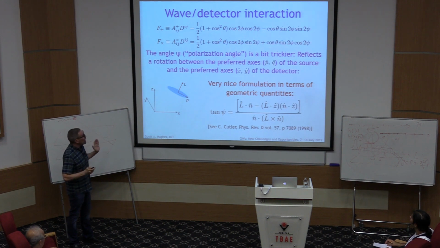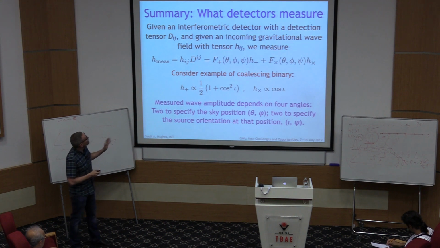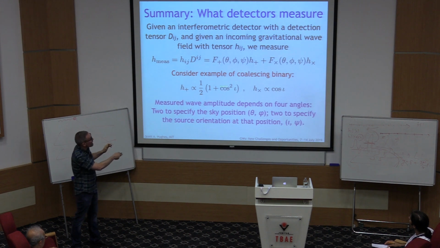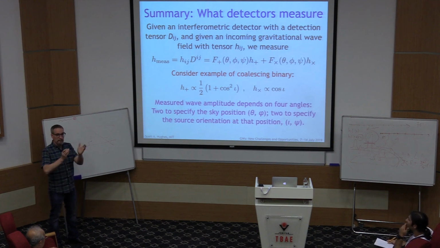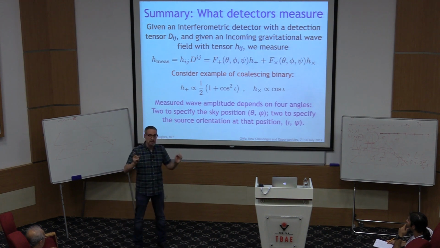Okay, so at the end of the day, the important thing for us is that we have this quantity that depends on a total of 4 angles. There are 3 angles that specify the geometry of the way that the detector responds, and there's a 4th angle that defines the ratio of these 2 polarizations. You can think of them as the 4 angles that define these 2 unit vectors that define the geometry of the source.